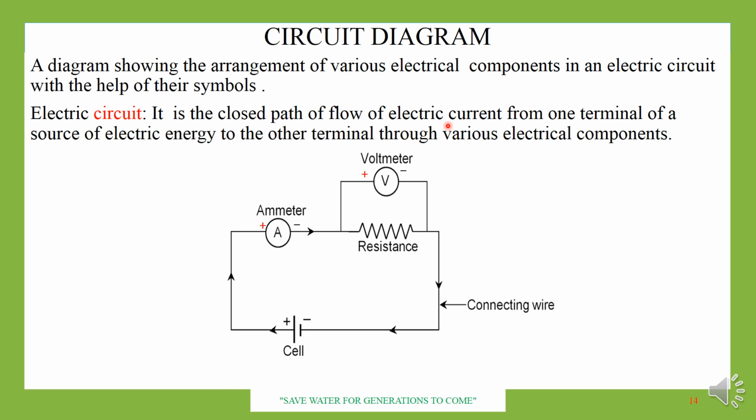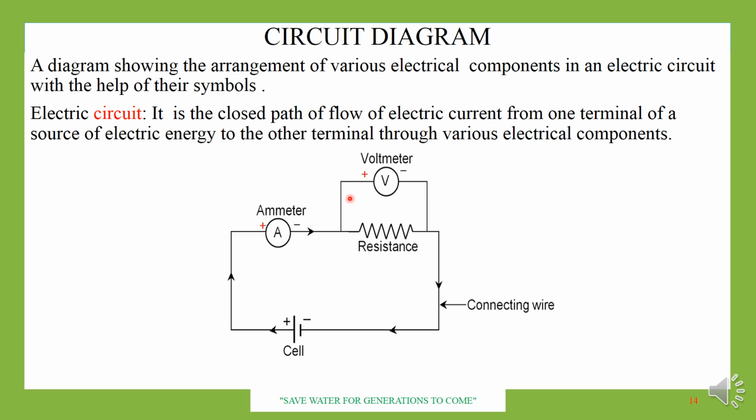Here you can see the components: voltmeter represented by symbol V, ammeter with plus and minus, a cell, and the direction of the current is the actual direction of the current. This is the resistance, and here are the connecting wires. So this is a circuit diagram. You should practice it. Circuit diagrams are very, very important. You can see here how the voltmeter is connected.